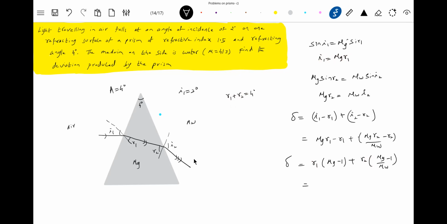Further, R1 will be I1 by mu g. R2 will be 4 minus R1.